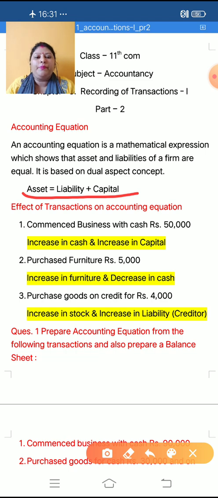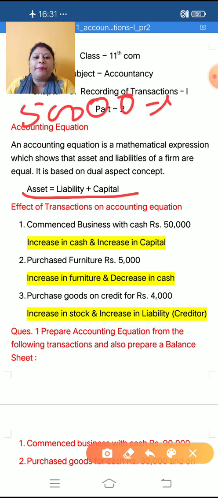For example, purchased furniture for cash. If we are purchasing furniture for cash, then both sides will be equal. Say your asset has a balance of 50,000 and capital is also 50,000.